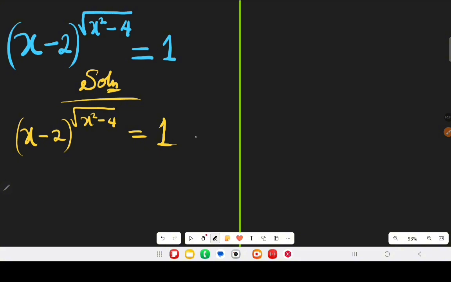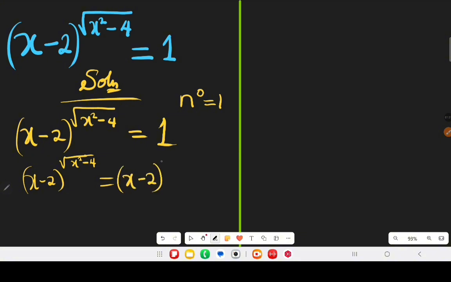That is to say, n raised to the power of 0 is equal to 1, so we have to express the right hand side to look like the left hand side, which has base x − 2. Then we have (x − 2) raised to the power of the square root of x² − 4 equals (x − 2) raised to the power of 0.